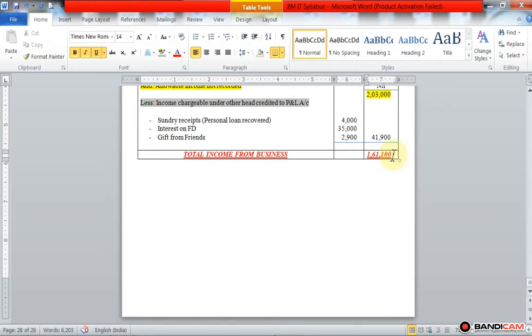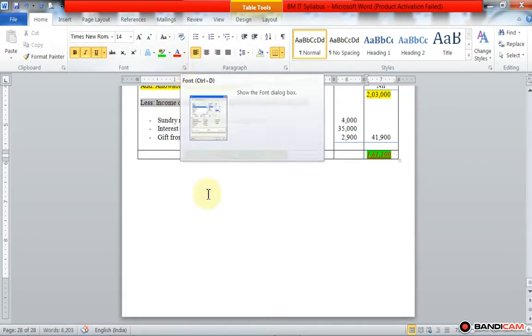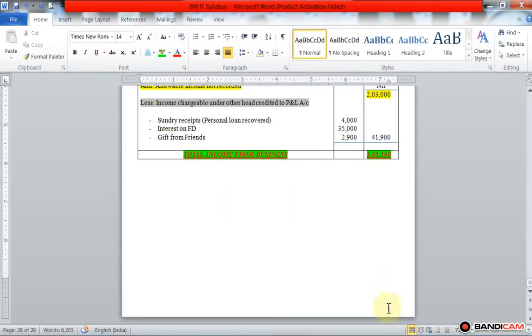Okay, so here we solved practical problem number 4 on computation of taxable income or total income of the firm. Problem number 3.